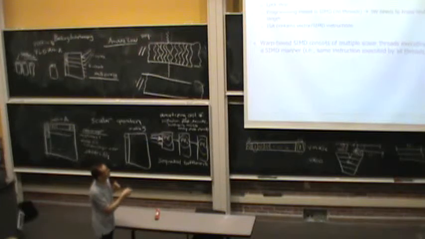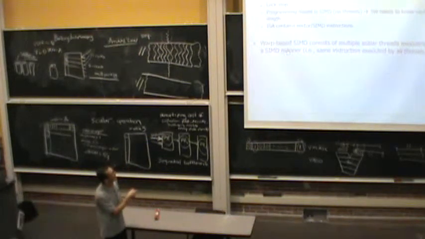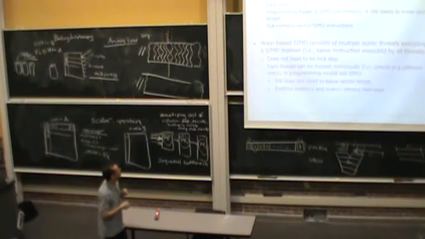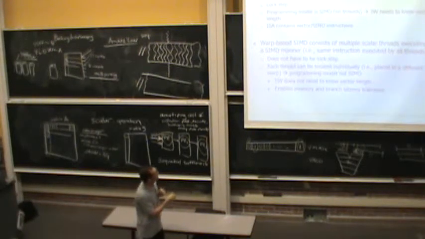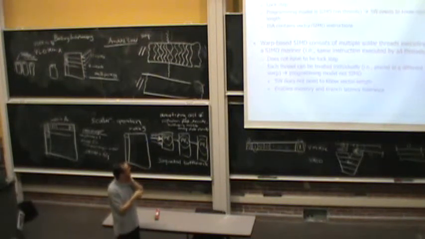Whereas warp-based SIMD consists of multiple scalar threads executing in a SIMD manner. Basically, the same instructions are executed by all threads, but the programming model is really different. It does not have to be lockstep, meaning you don't finish one instruction to go to the next instruction. And each thread can be treated individually. Now this gives you some opportunity to do optimization, both at the hardware and software layers.